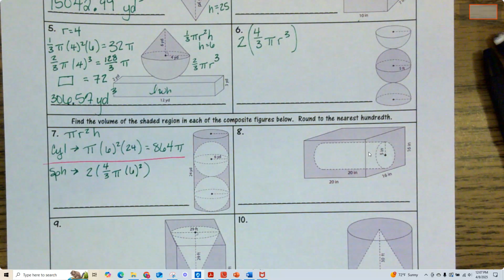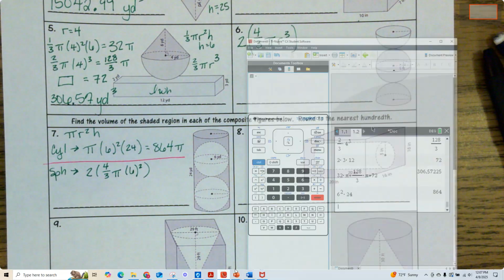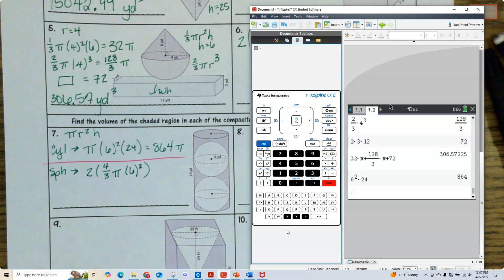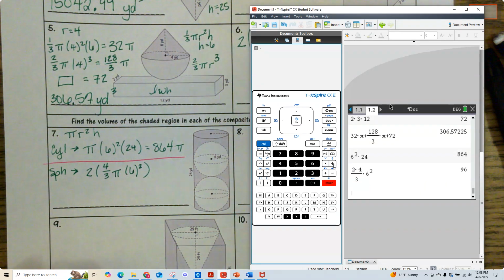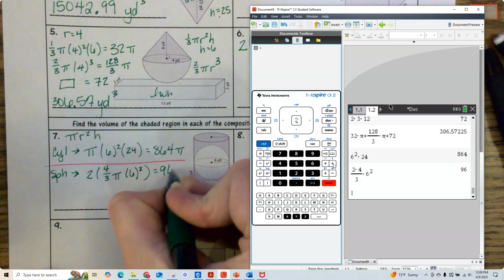It's okay. So again, I'm going to ignore that pi. 4/3. So 6 squared. There's a multiplication sign in there. Be careful with that stuff too. All right, and we get 96 pi.